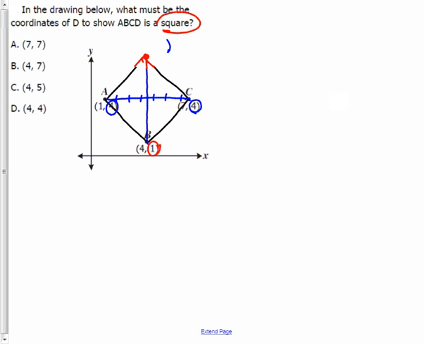Well, if I went over 6 here, and I know that the diagonals are congruent as well, then I would go 6 spaces up as well, right? So 1 plus 6 is 7. And my x value would be the same because I'm still on the same vertical line right here. So (4, 7) would be my answer there.